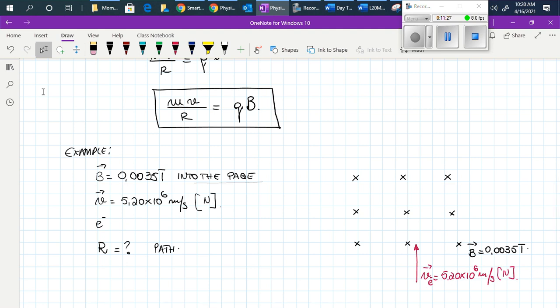Now magnetic field will be going into the page, so your fingers should be toward the page. Therefore, the magnetic force first is on this direction, and the path of the electron as it is entering into the field will be this one here. Okay, so now what we will look for is the radius.